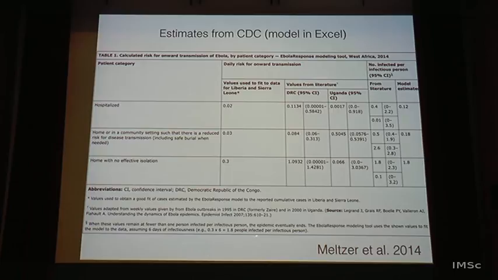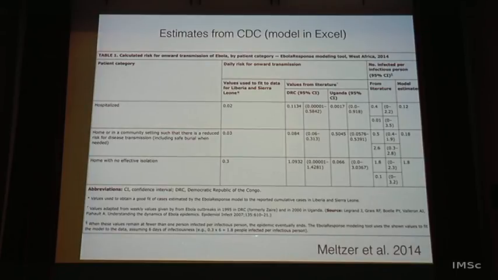It's all point estimates. And when you look in detail at the model, you realize that they do a bit like in the Legrand model. You remember, with the three infectious compartments, community, hospital, and funeral, they use a similar model that was fitted to this kind of data.